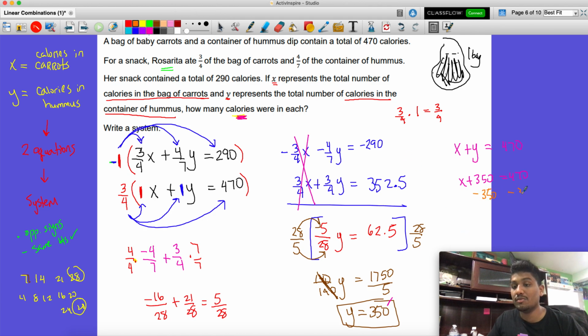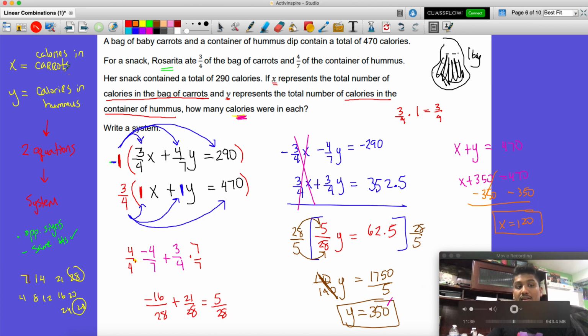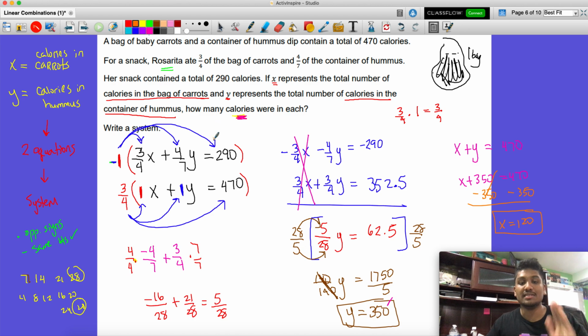Subtract 350 from both sides, and you get X is equal to, I want to try to do this in my head, 120. And so that's how much is in the carrots, right? I know that was hard. So take a second, try to do it. I know it looks hard because it has fractions, but in actuality, it's not that bad because it's the same method. That's all that matters. All right, so I'm going to pause this one.